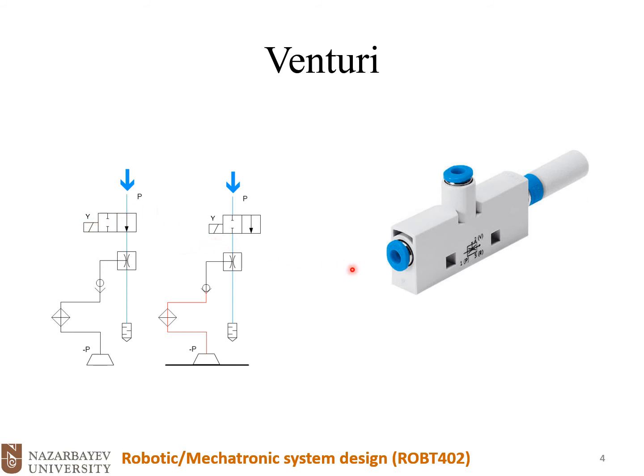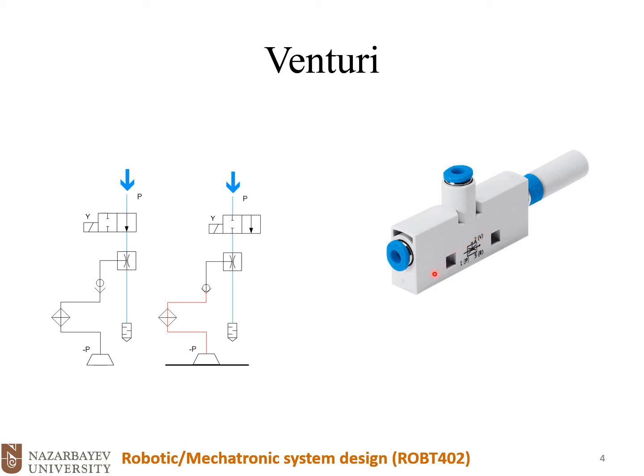Here is an industrial sample of a Venturi. You could see the symbol here. We have input P, we have output R, and we have a suction at V, or at port 2.